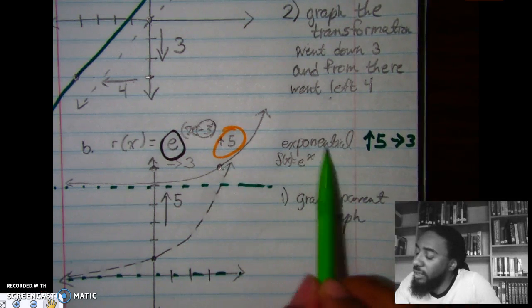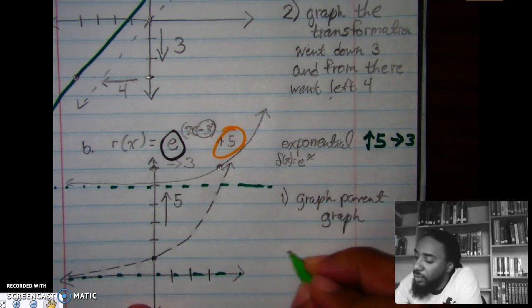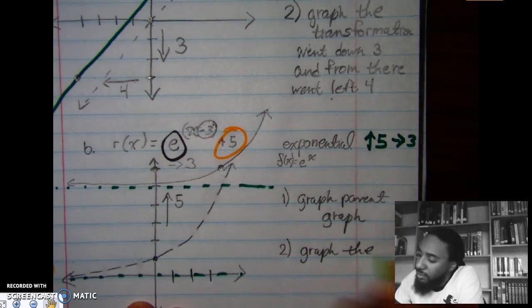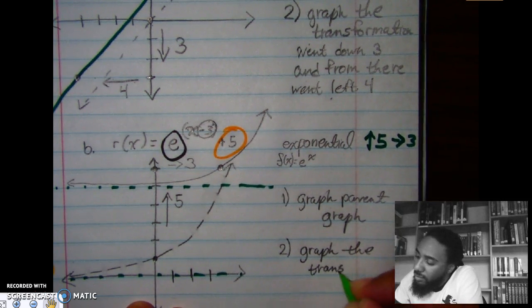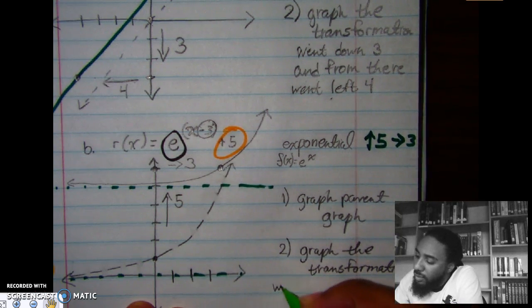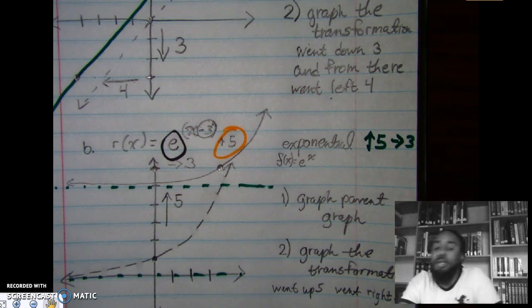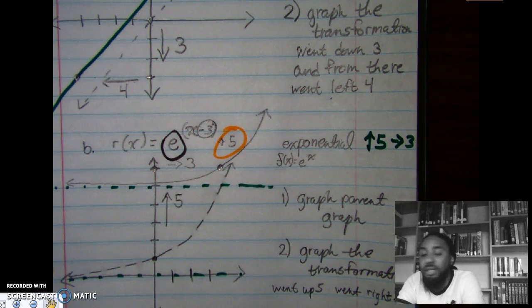We're going to put the parent graph down, and then we're going to graph our transformations. So we went up 5, and from that point we went right 3. So that is that. Those are the two things there that we graphed out, and we put everything together. All right, so now let's go ahead and go into a practice.